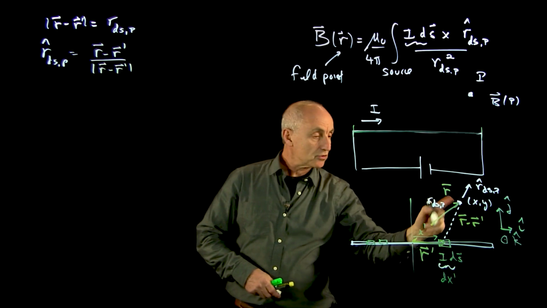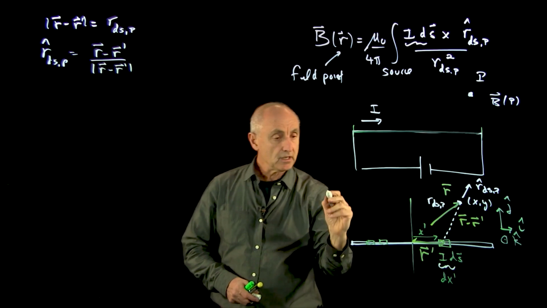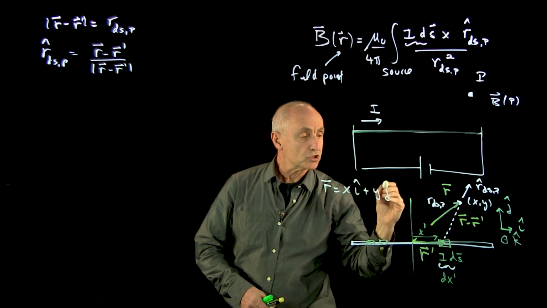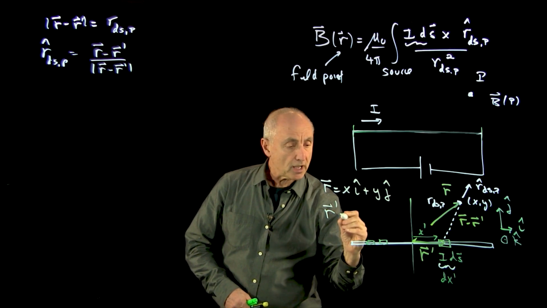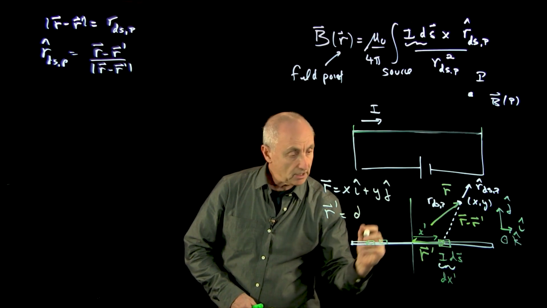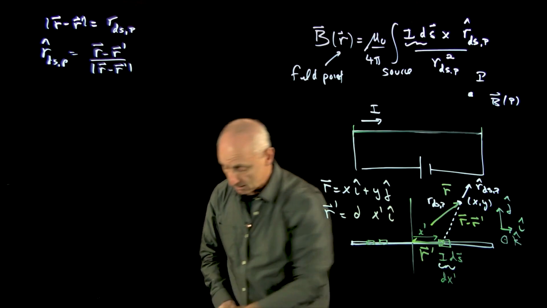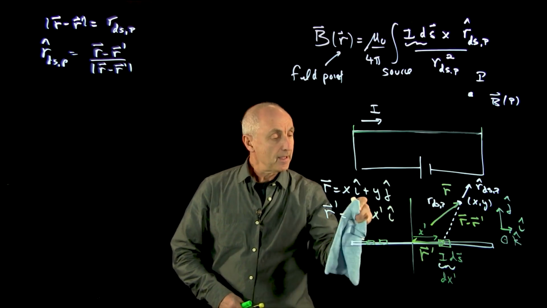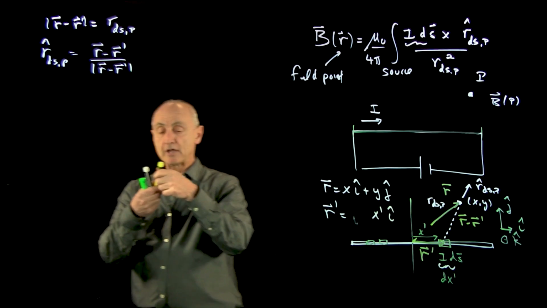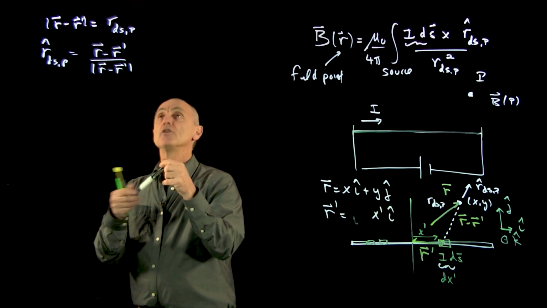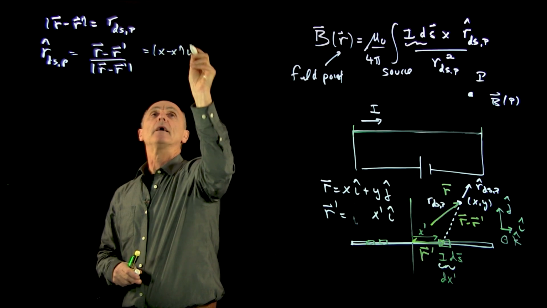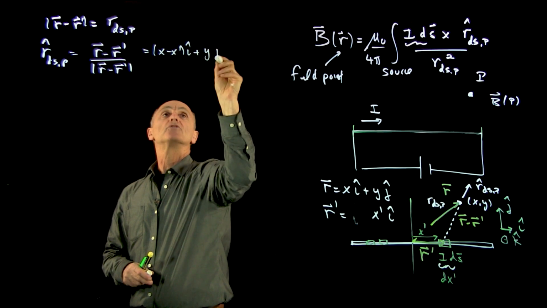Now, these two vectors are easy to see. The vector r is to the field point, so we write it in Cartesian coordinates. And the vector r prime is to the infinitesimal current source, and that's equal to x prime i hat. And so it's a trivial matter, well, not trivial, but it's just vector subtraction to write this vector as x minus x prime i hat plus y j hat.